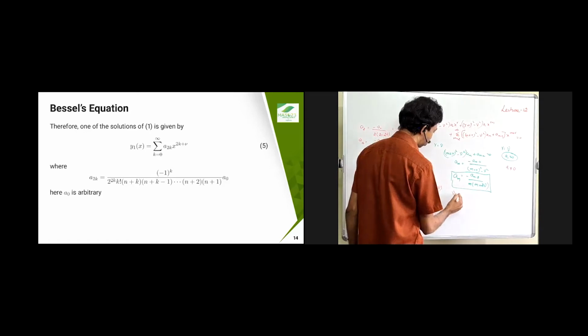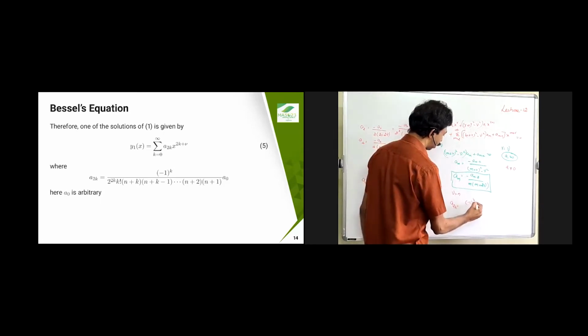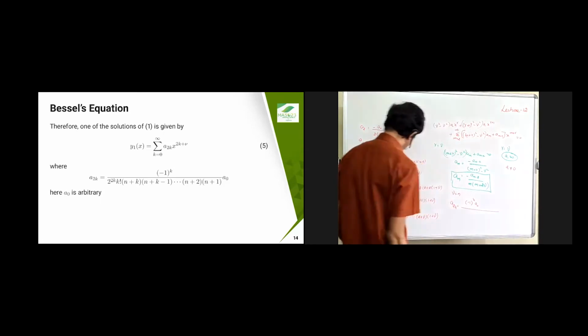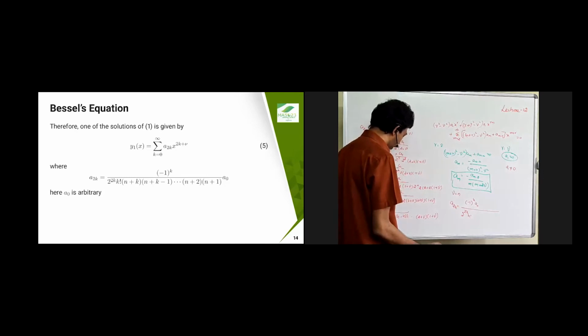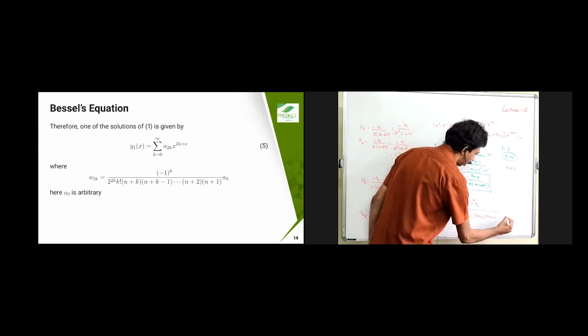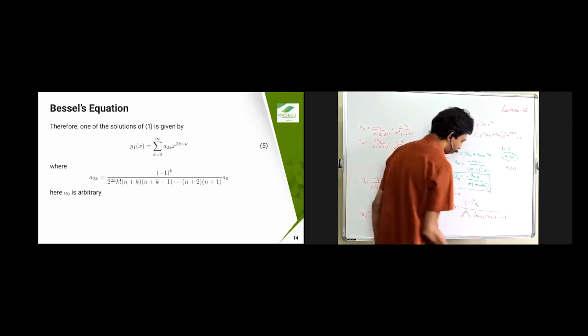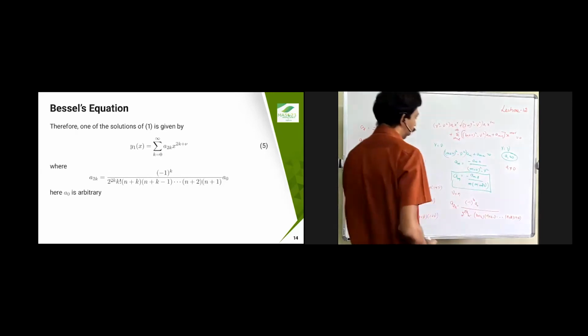I can write a_2k as (−1)^k a_0 divided by 2^(2k) into k factorial into, wherever I have ν, I can replace that with n: (n+k−1), etc., (n+2), (n+1).